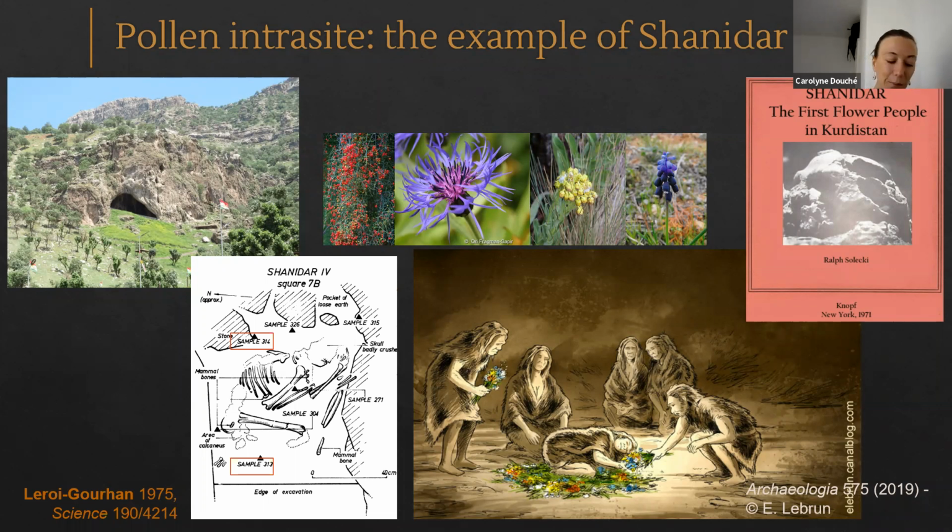However, this interpretation was always debated because the pollen could also come from the surrounding landscape or have been brought by animals through burrows. So there is actually new work carried out in this cave, and one of the aims of this new project is to elucidate the question.